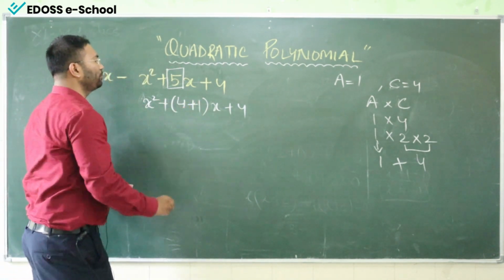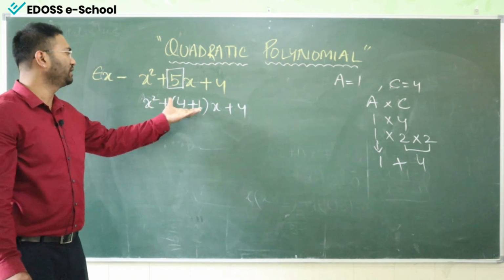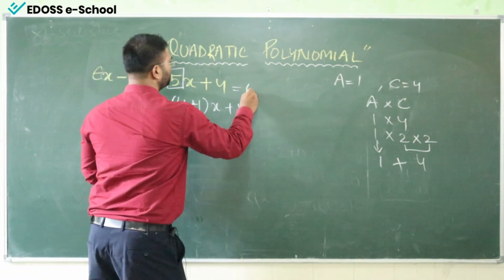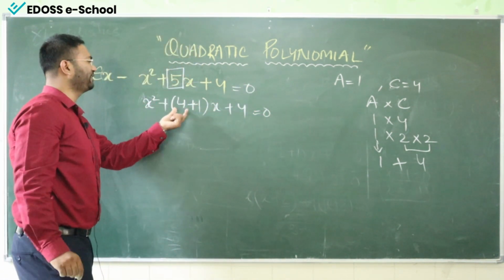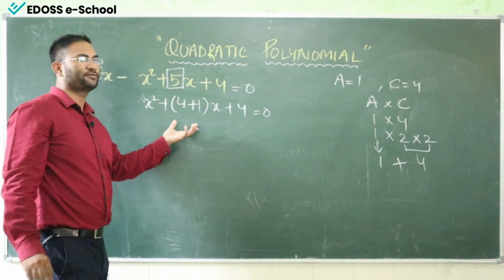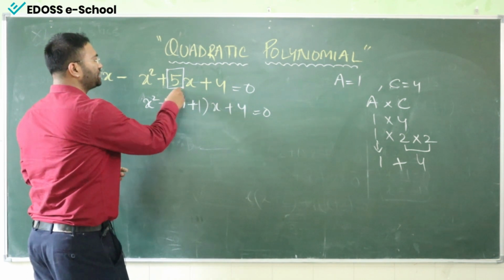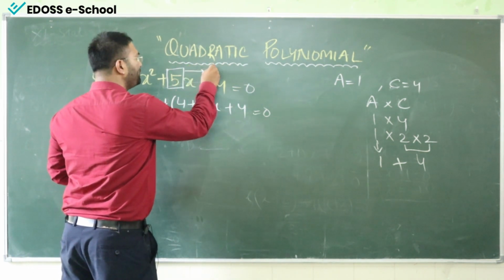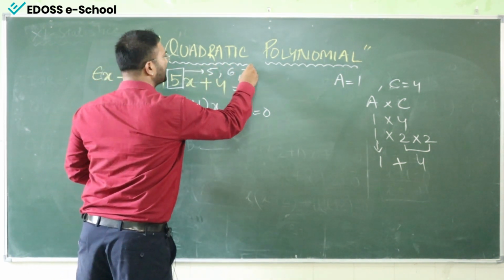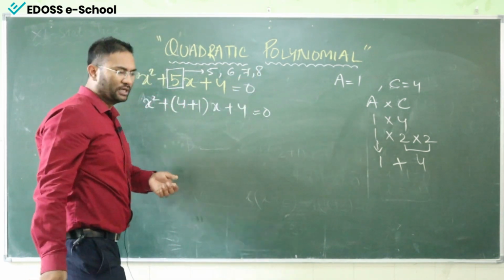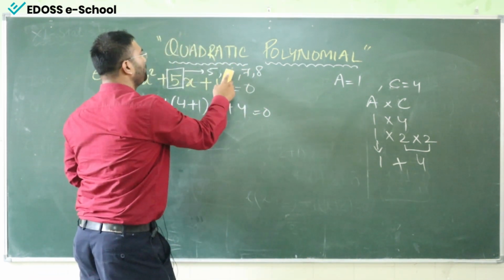So we have not manipulated or amended the polynomial. What we have done is slightly change 5 into 4 plus 1, but it still remains 5 as a total value. Keep in mind, it must be 5 always. You cannot go with 6, 7 or 8 or anything else. This is another thing you have to be cautious about.